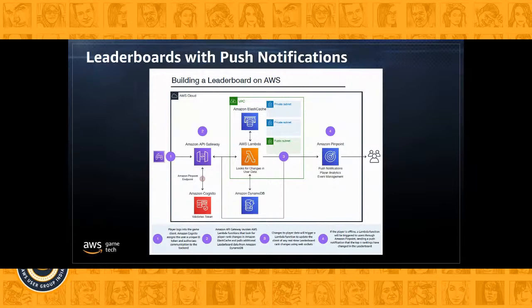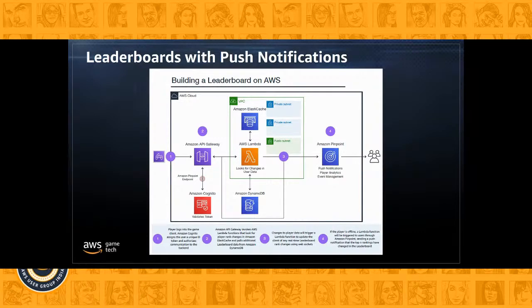But let's say a player logs off after getting to the number 1 rank spot. We need to send a push notification to this person because they are not number 1 anymore, so they can log back in and play their game and maybe get to that number 1 spot again. That's where Pinpoint comes in.